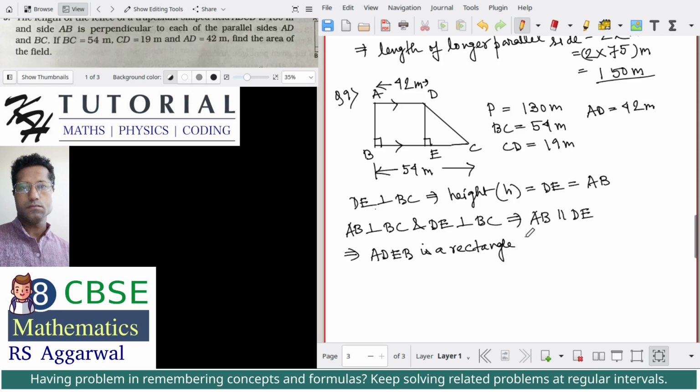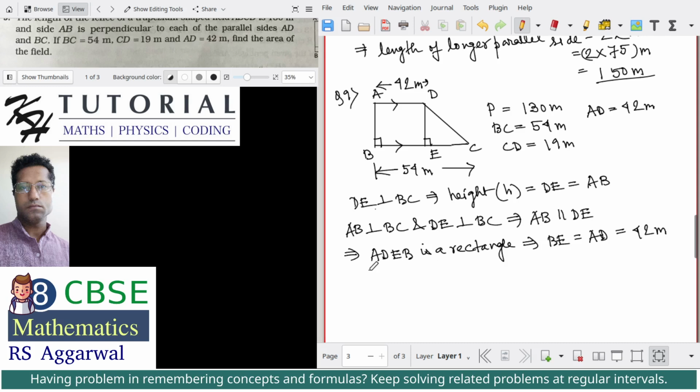ADEB will be a parallelogram, since the opposite sides AD is parallel to BE and DE is parallel to AB. And one angle, the angle B, is 90 degree. In a parallelogram, if one angle is 90 degree, all the angles are 90 degree, which means it will be a rectangle. So ADEB is a rectangle. This means BE will be equal to AD, which is 42 meter.